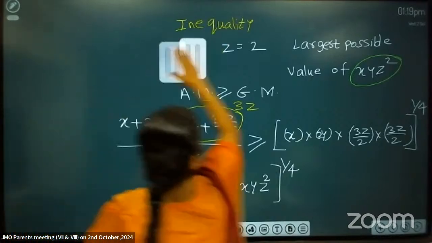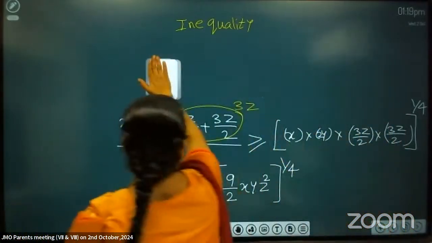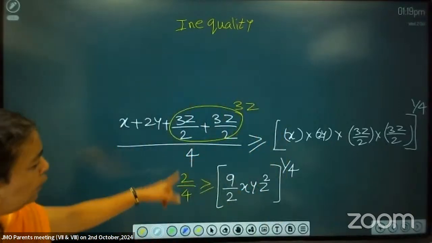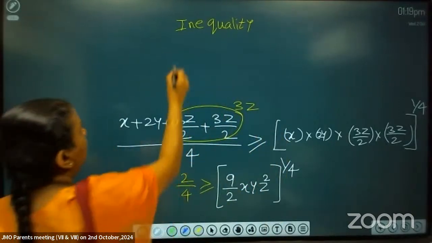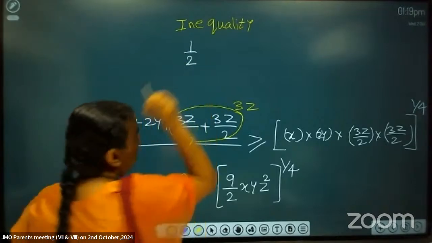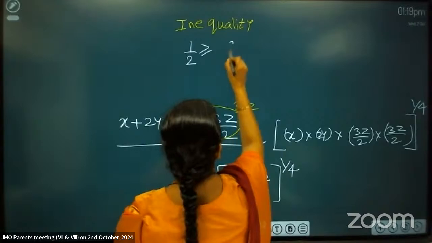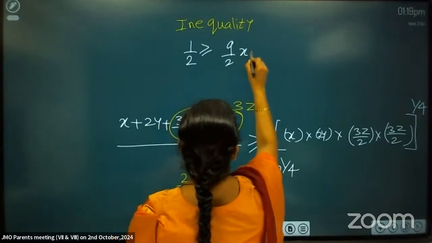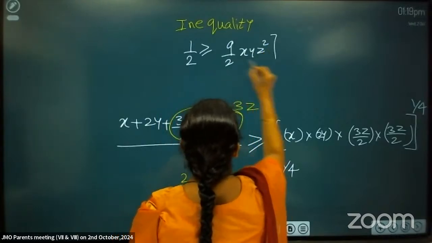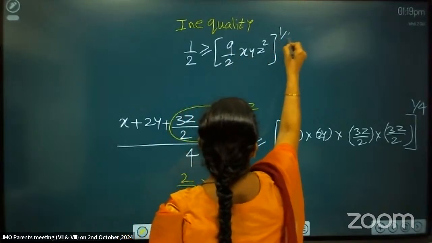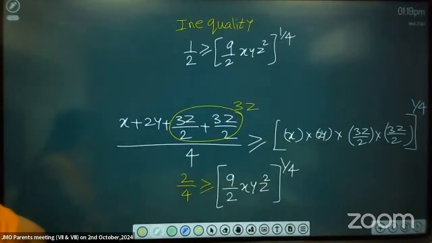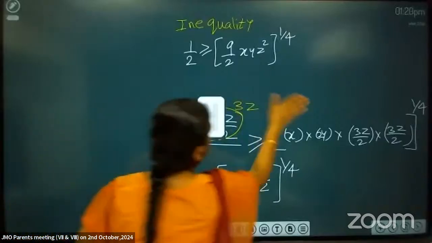Now see how we'll go further. 2 upon 4 is nothing but 1 by 2. So 1 by 2 is greater than or equal to 9 upon 2 xyz square bracket raised to 1 upon 4. Correct?